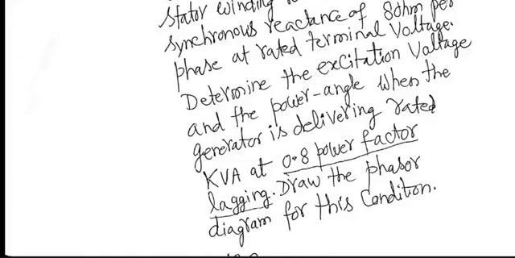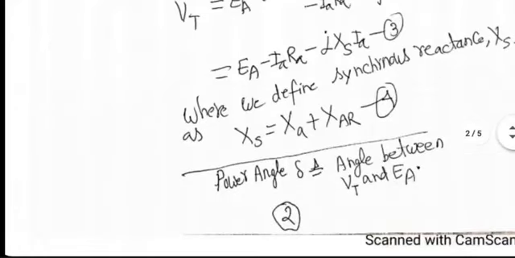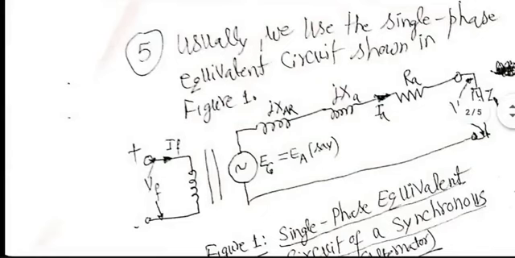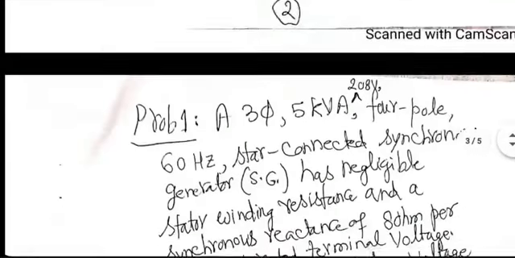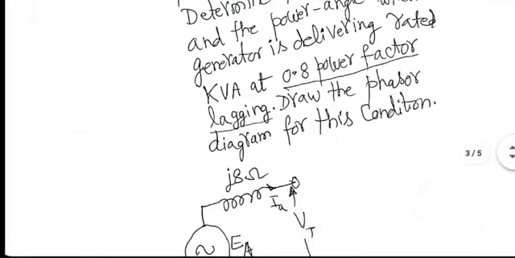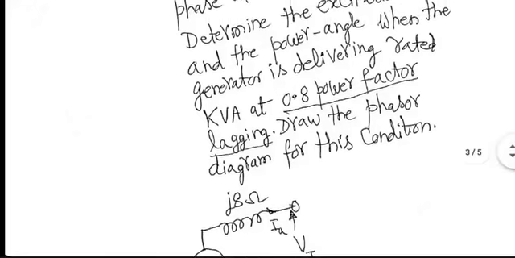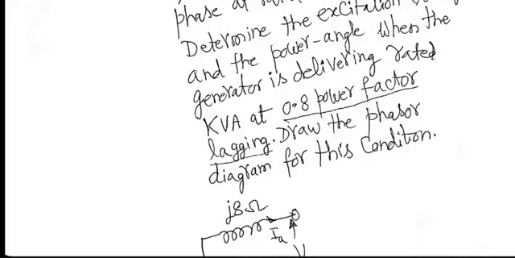Power factor is given, its nature is also given. It's lagging power factor, that means IA will be lagging compared to VT. And kVA, of course, means apparent power, which is the magnitude of the complex power. And draw the phasor diagram for this condition.